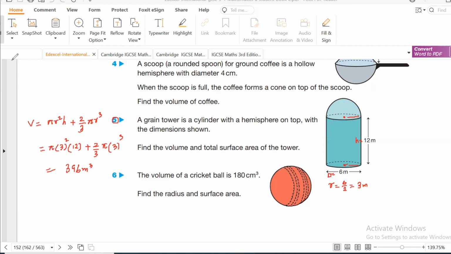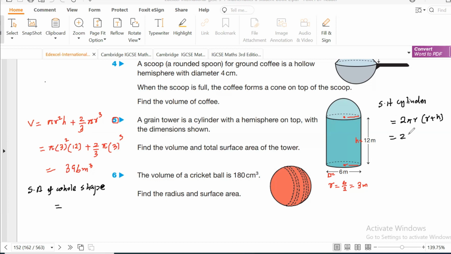Second thing, we will find out the surface area as well. For the surface area of this whole shape, we again need two formulas. Remember that the total surface area of a cylinder is 2 pi r bracket open r plus h, which we used in previous videos or lectures.